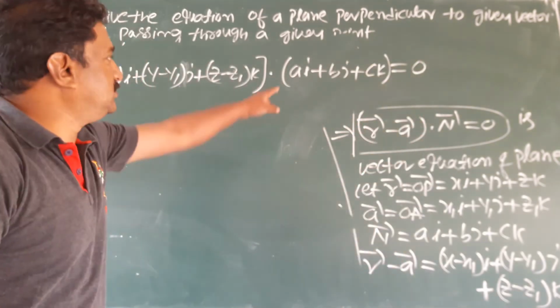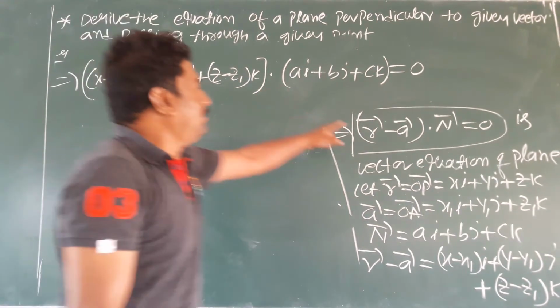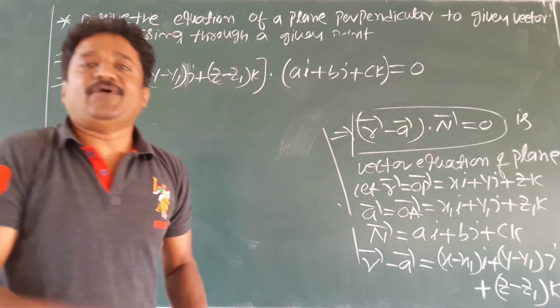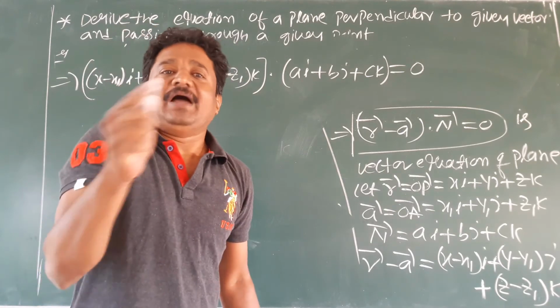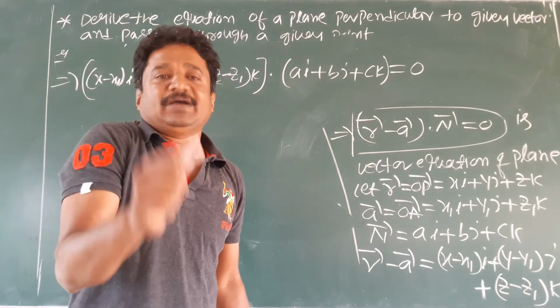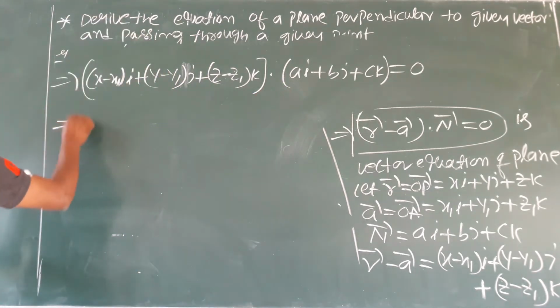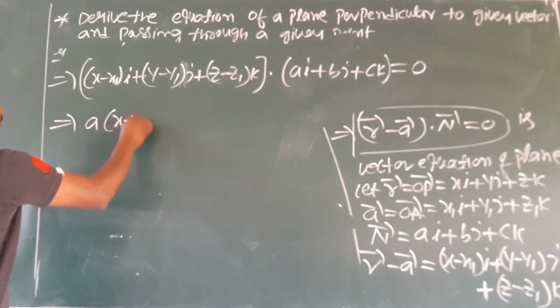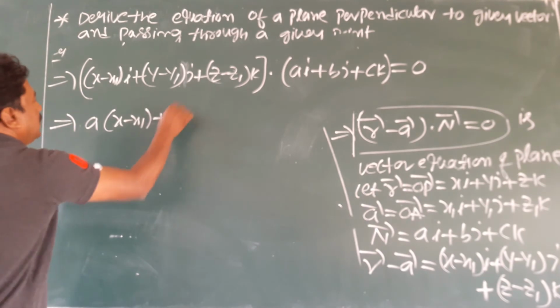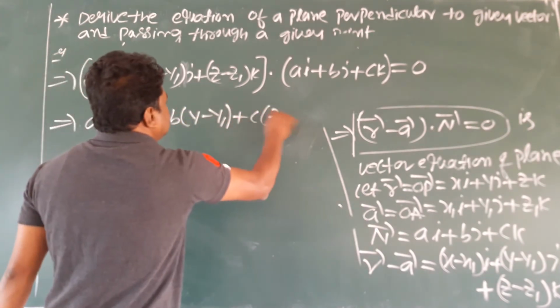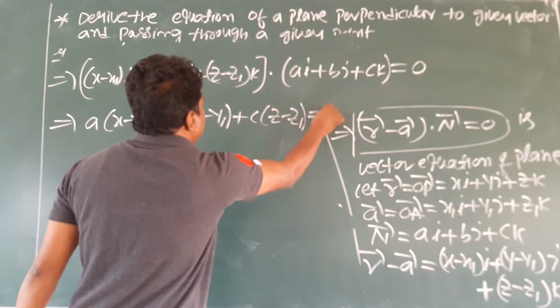Find the dot product; you know how to find it: i dot i plus j dot j plus k dot k. So the Cartesian form is a into (x minus x1) plus b into (y minus y1) plus c into (z minus z1) is equal to 0.